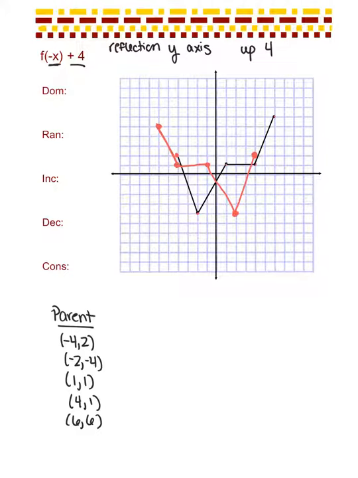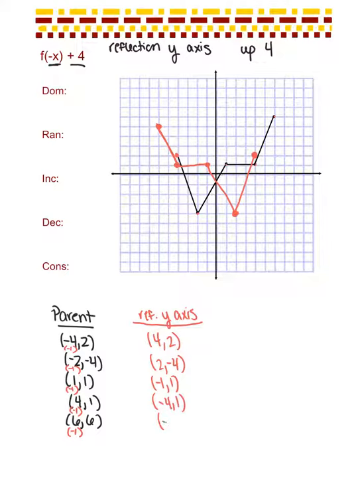So now let's do that reflection about the y-axis. See what that looks like. So here you can see now you're multiplying all the x values by a -1. They're just changing sign. So my new point values would be 4, 2, 2, -4, -1, 1, -4, 1, and -6, +6.